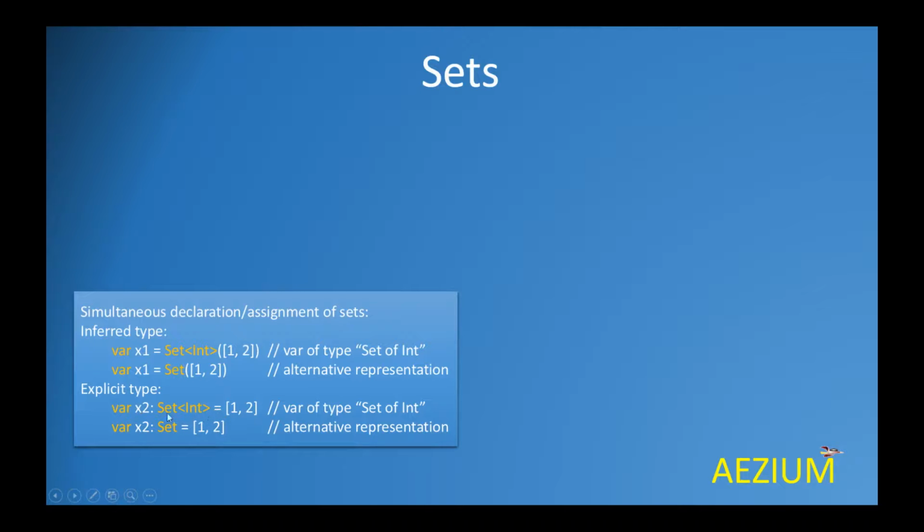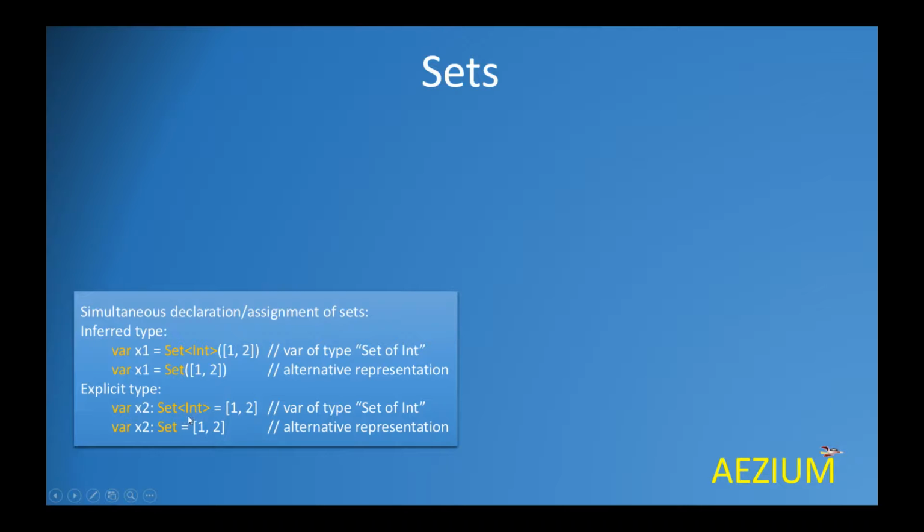We're doing declaration first, so x2 is a variable of type set of integers, and then we're doing assignment. When we're doing assignment, we use array literals to do the assignment. So here, although this is showing an array, this is understood by Swift to be a set. So x2 here, which is a set of integers, will be assigned this value.